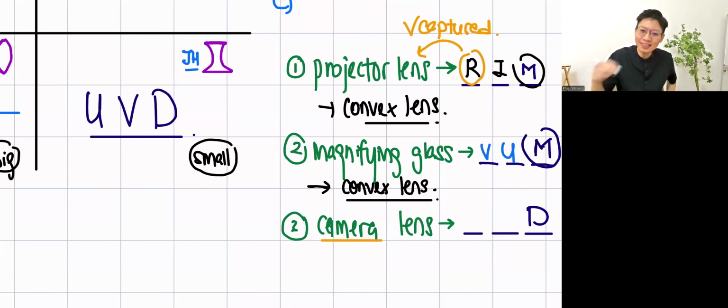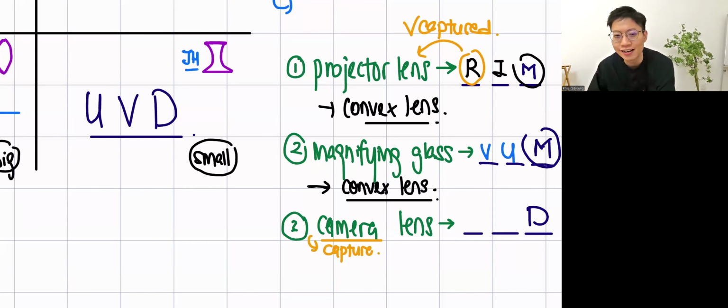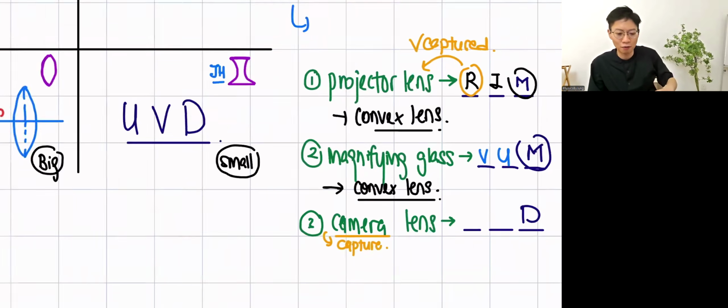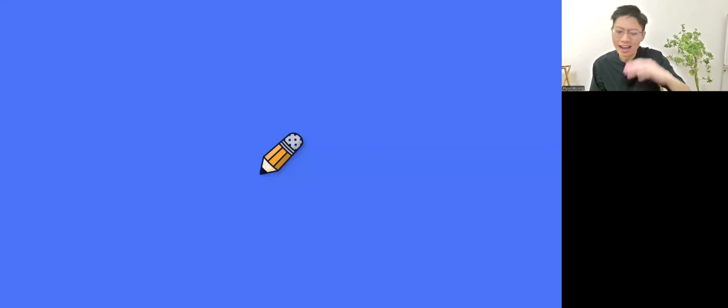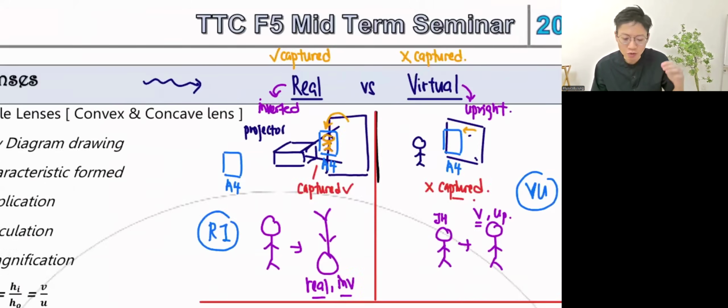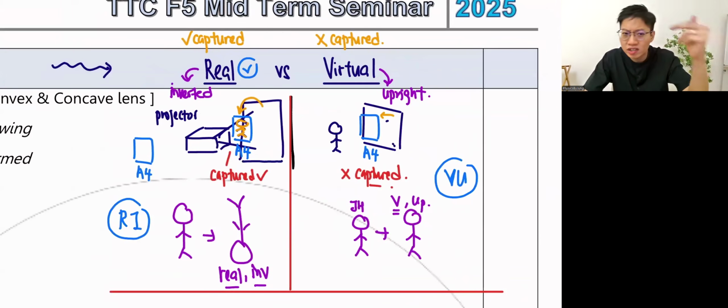So take picture can also be called capture the picture, right? Correct. So you have to think back just now, how do you know what is real and virtual? I told you all, the way to learn life is first you need to distinguish what is real, what is virtual.